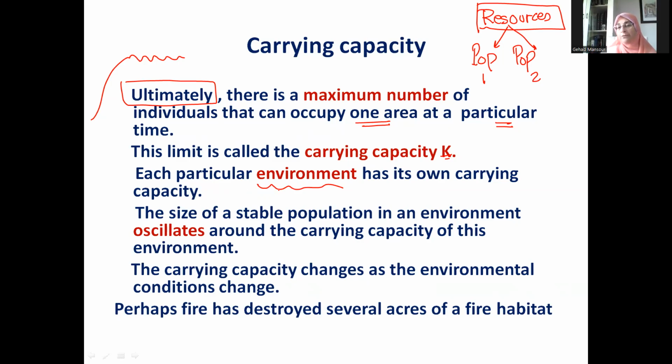So it's true that every particular environment has its own carrying capacity, but it's also related to the type of individuals that are living in that environment.